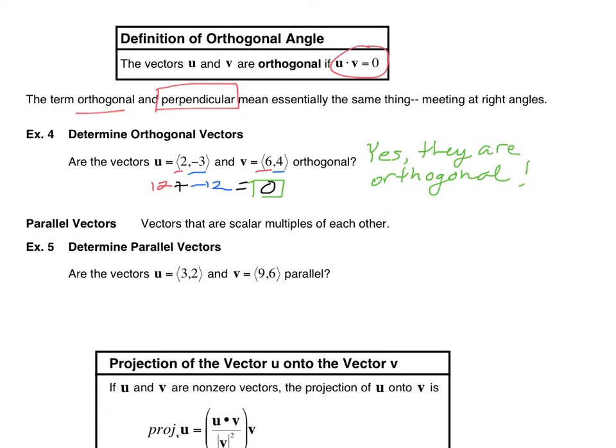And if you were to actually plot those vectors out, let's just look at them. We have a little bit of time. So I'm going to plot 2, negative 3. I'm going to put that vector in green. So this is vector u. And then I'm going to plot the other one, which is 6, 4, which I'll have to go out a little further.